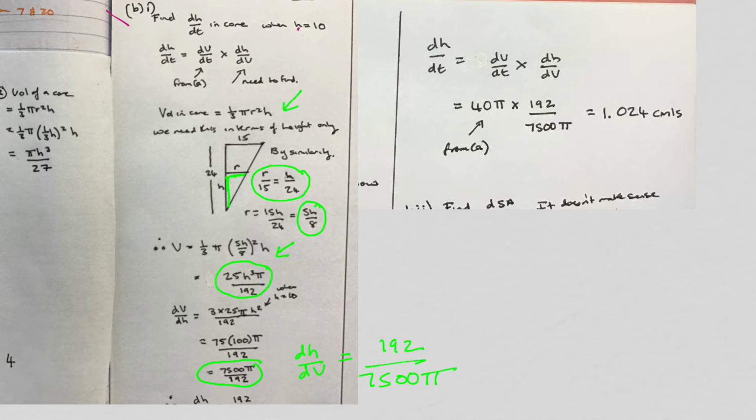That's been cut off, but obviously you just flip it around. Now, right in the beginning, we decided we would use dV over dt, which they gave us from A, and then dH over dV. This is what we just worked out now, and the rate of change of the height inside the cone is 1.024 centimeters per second.